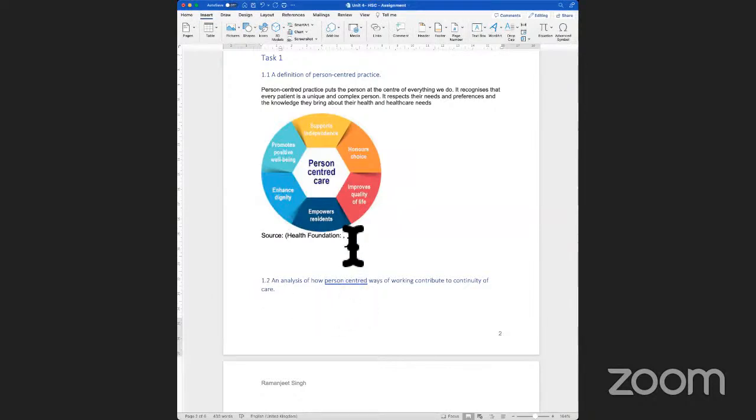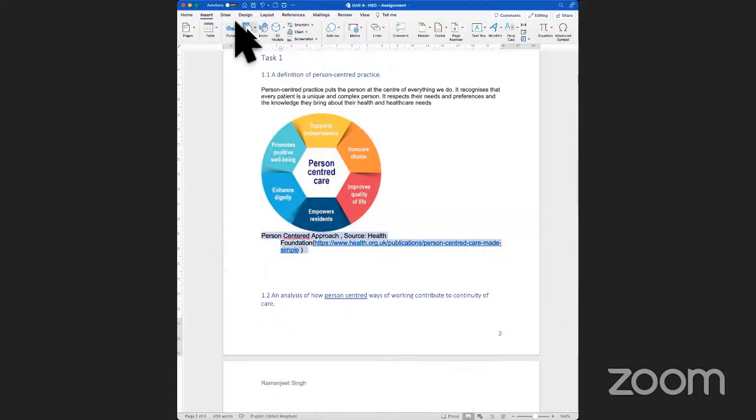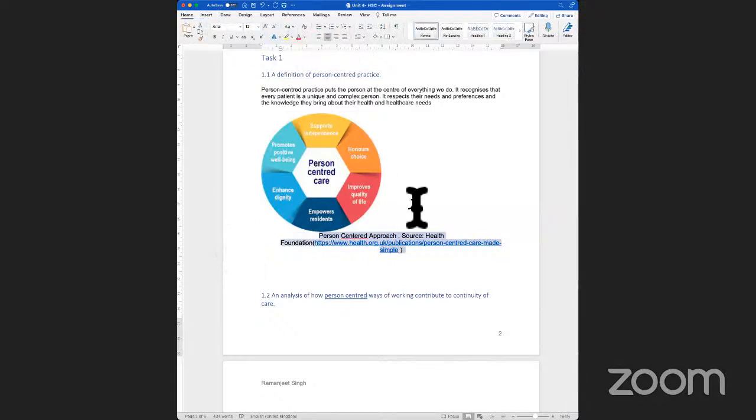What I would do is basically put: this is person-centered approach, and the source in this case is Health Foundation, and the link to the site is what I also need to put. That is what I put in here in order to ensure that what I'm writing is being referenced, and it is not copied and pasted from anywhere, but is coming from a particular website.